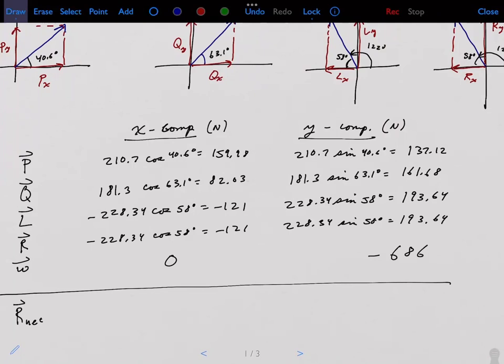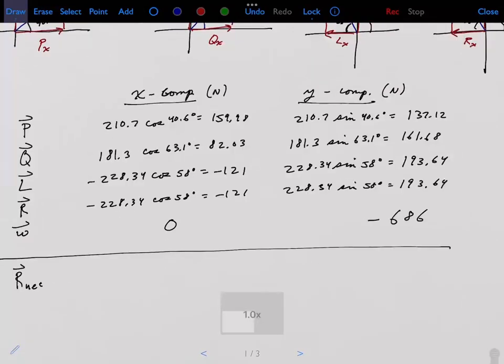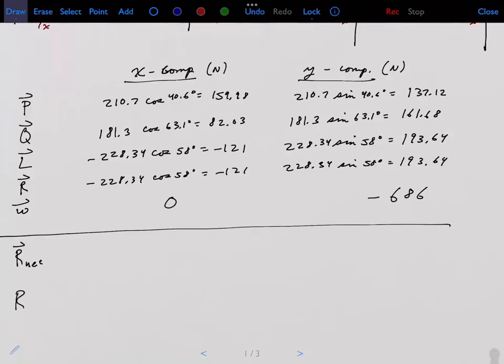Okay, so if I want to find the net force, R net, I have to add all these together, right? That's P plus Q plus L plus R plus W. But what does that mean to add the vectors?